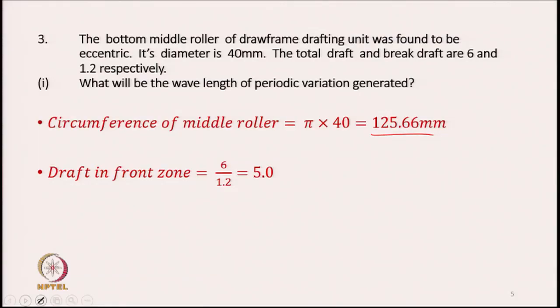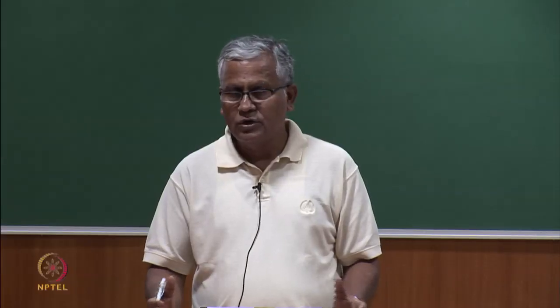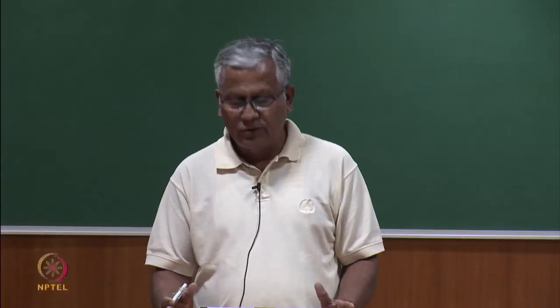So, we need to know how much draft is there in the front zone. The total draft is 6, and the back zone draft or the break draft is given to be 1.2, and therefore, the draft in the front zone is going to be 6 by 1.2, which is equal to 5. That is the draft in the front zone. That means the wavelength that the middle roller is generating will be stretched out 5 times, because 5 is the draft in the front zone.